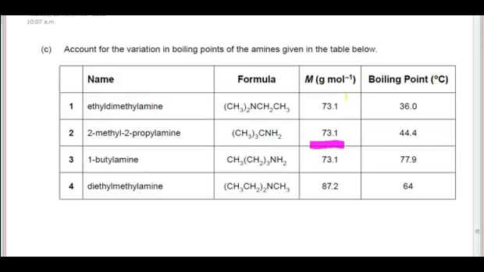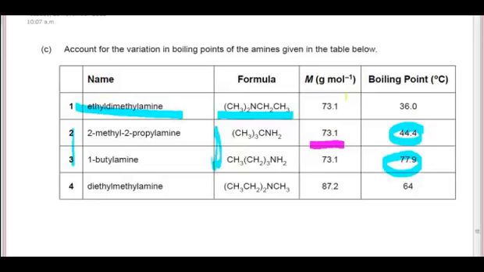Okay. Now if we look at this amine versus 2 and 3, even though there's a significant difference here, the main difference is this one cannot hydrogen bond and these both can. So that's a fact that you should mention there as well.